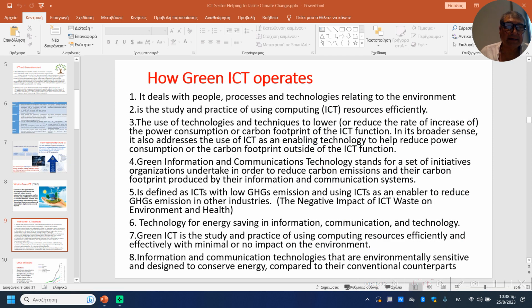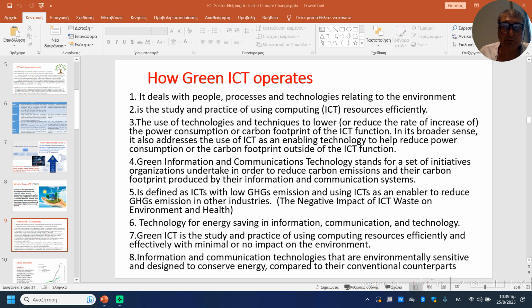How does green ICT operate? It deals with people, processes, and technologies. Secondly, in the study and practice of using computing ICT resources efficiently, the use of technologies and techniques to lower the emission and the footprint of the ICT on the environment.